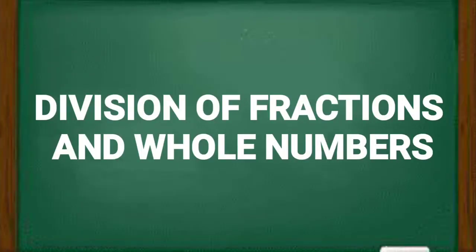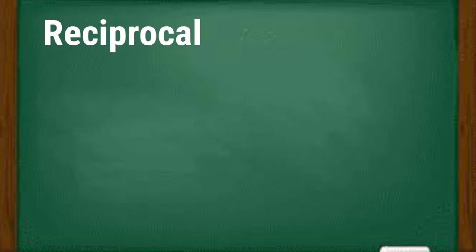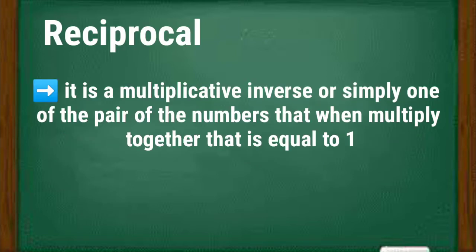Before we proceed, there is a certain thing in division of fractions that is very important for you to know and understand, and that is the reciprocal. What is a reciprocal? A reciprocal is a multiplicative inverse, or simply one of a pair of numbers that, when multiplied together, is equal to 1.